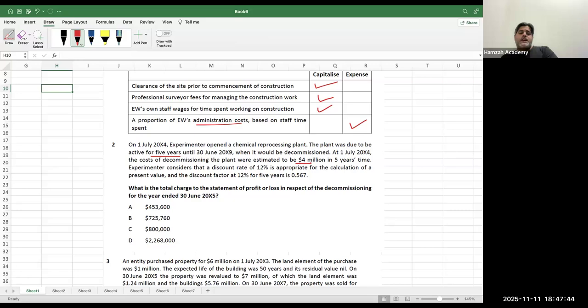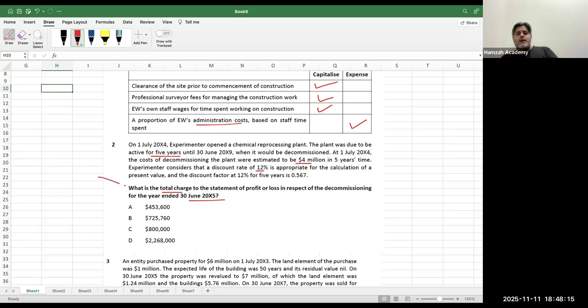So in 5 years' time, when you decommission the plant, you will have to incur the 4 million. Now, Experimenter considers that a discount rate of 12% is appropriate for the calculation of a present value, and the discount factor at 12% for 5 years is 0.567. So what is the total charge to the statement of profit and loss in respect of the decommissioning for the year ended 30th June 20X5?